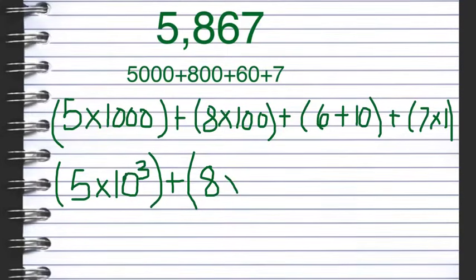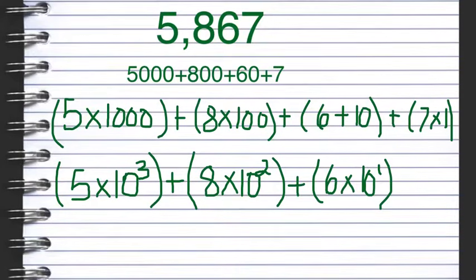And then 8 times 10 to the second, because 10 to the second is 100, plus 6 times 10 to the first, since 10 to the first is 10. And last but not least, I can do 7 times 10 to the 0, because anything to the 0 power is going to give me 1. So that's my ones place. So using expanded form with exponents is just another way to show place value.